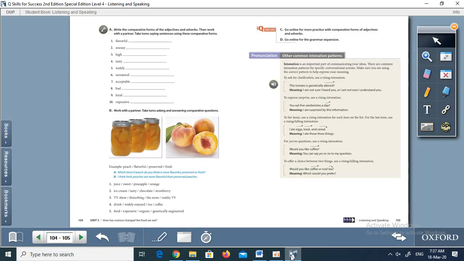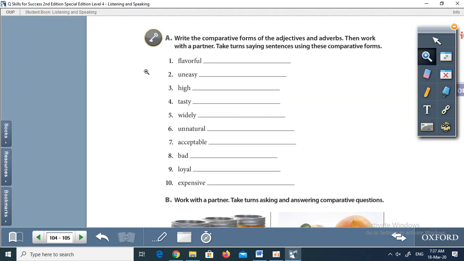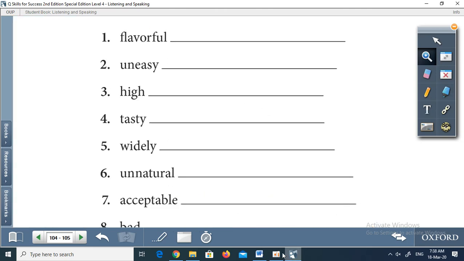What they are looking at today, they are concentrating on the comparative forms only. So they are wanting us to give the comparative form of the adjective.